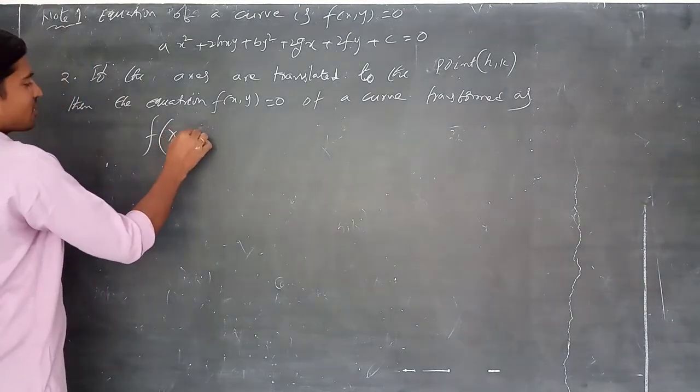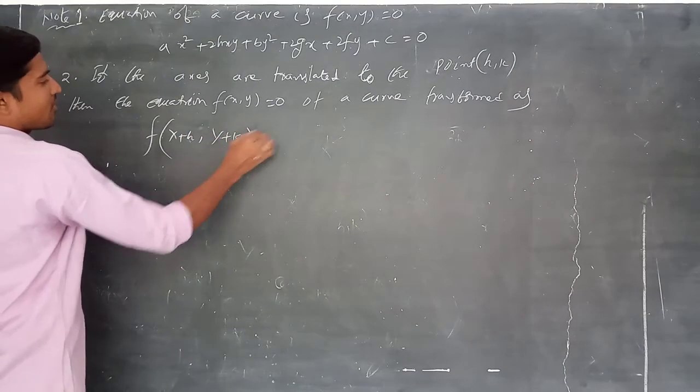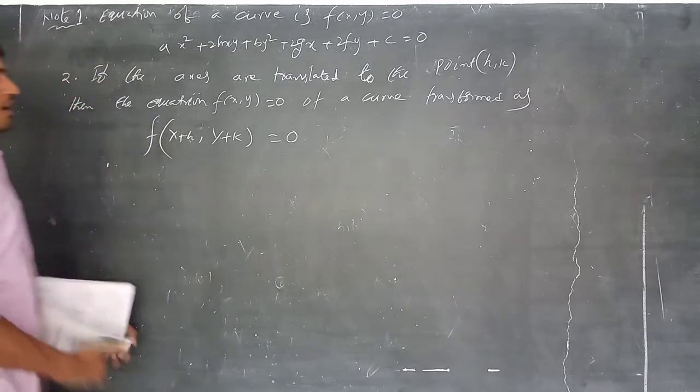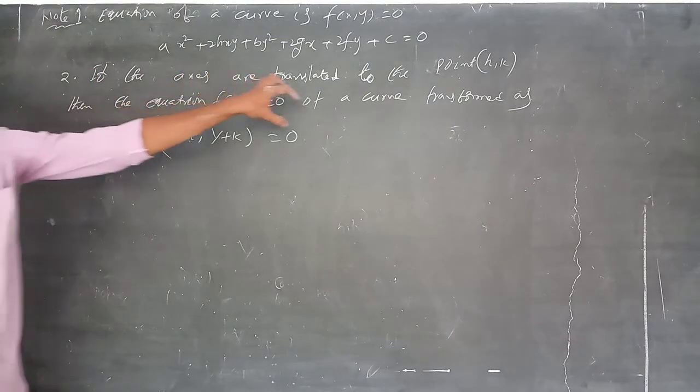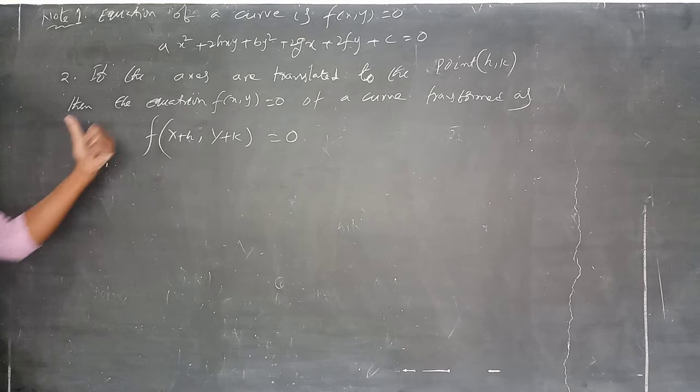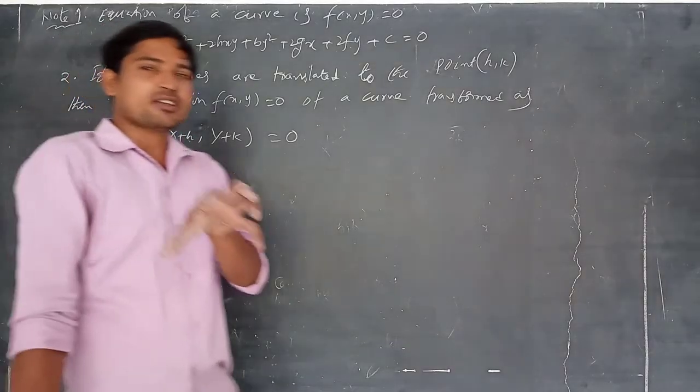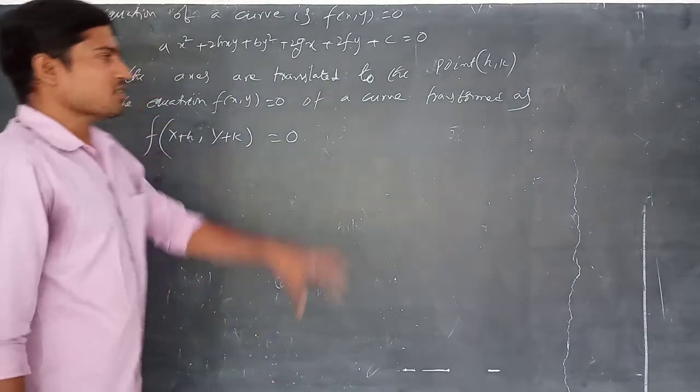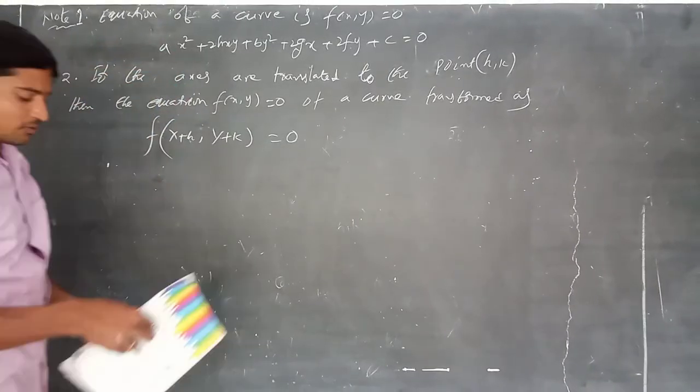So f of capital X plus H comma capital Y plus K equal to 0. So before that it is f of x comma y equal to 0, which now becomes f of capital X plus H comma capital Y plus K equal to 0. This is the form of the new curve.